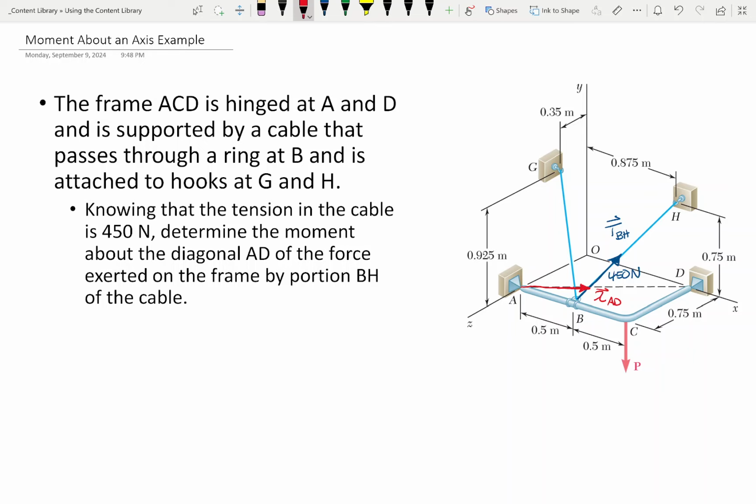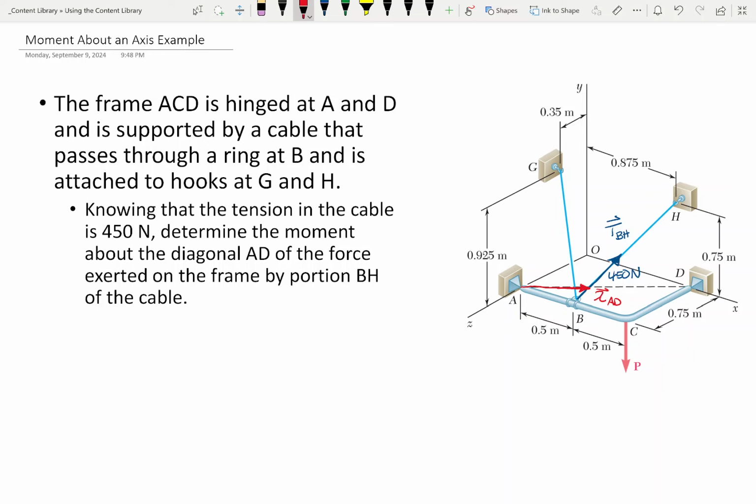One of the things that I did not point out is R. I'm going to get to R in a bit, because there are a couple of different definitions for R, and they would all work. For now, just recognize that lambda is the unit vector along this axis, and this is our force vector.